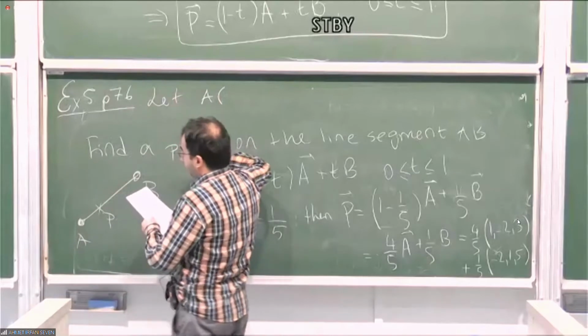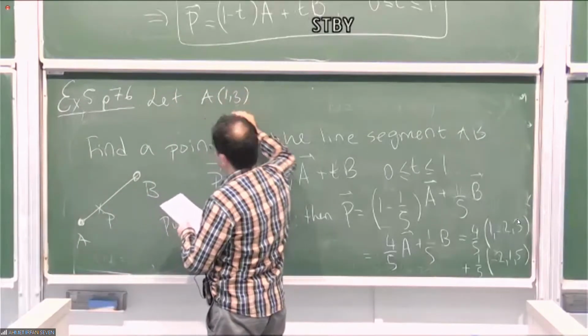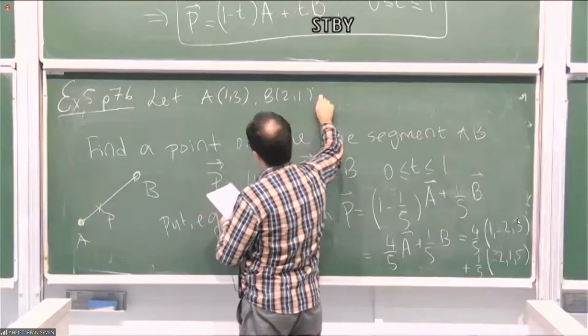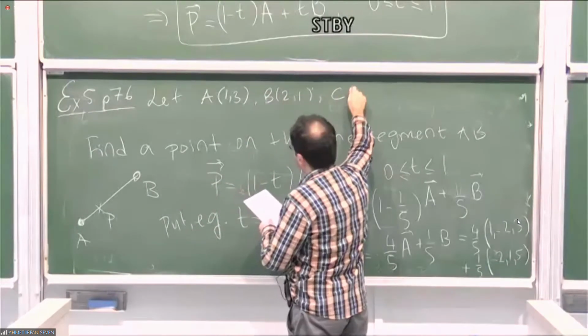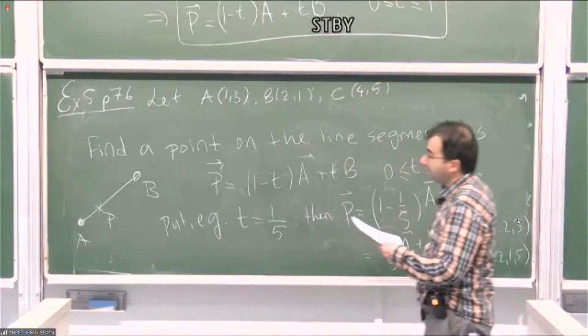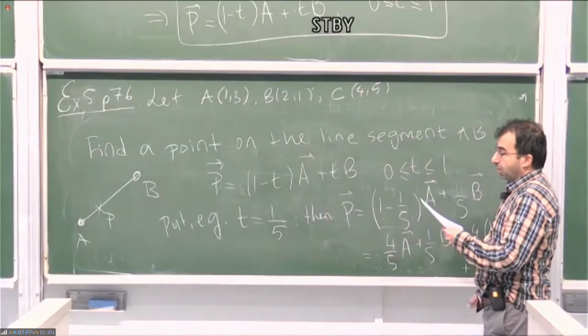This time we consider points in the plane. A (1, 3), B (2, 1), C (4, 5). Okay.